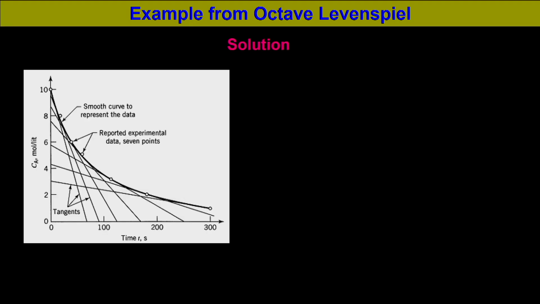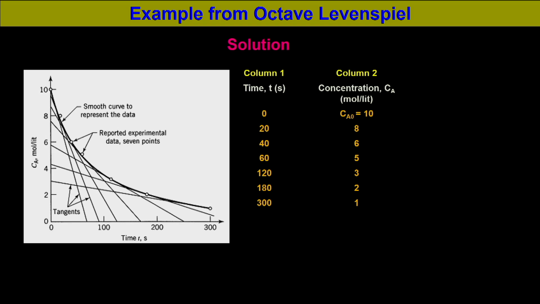Okay. So, if we plot the data concentration versus time, we will get the concentration time data as we have seen. So, first we have to plot the concentration and time data and we have to draw a smooth curve by hand, which is shown over here. Now, we have to select different concentrations, and for each point we can calculate the tangent if they fall under the smooth curve.